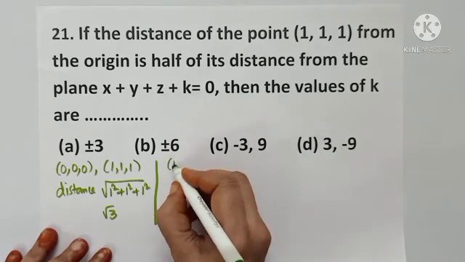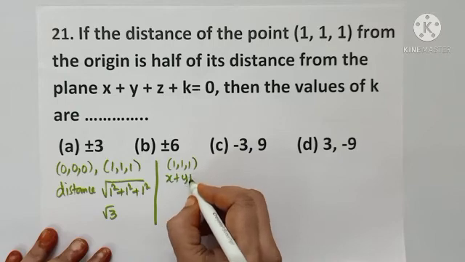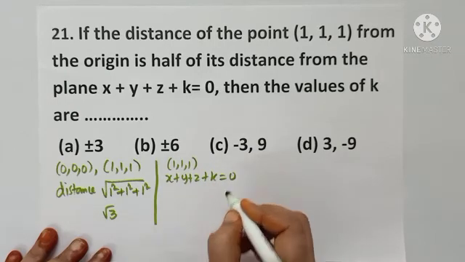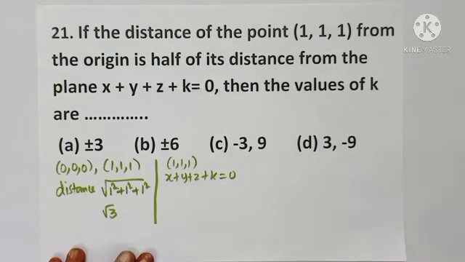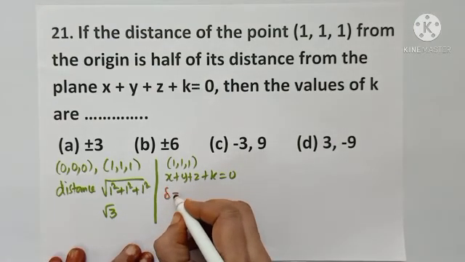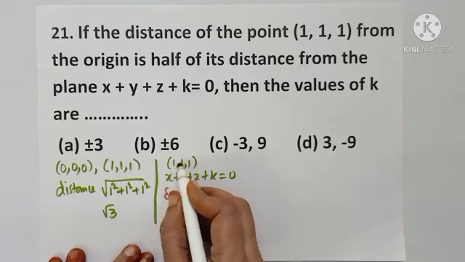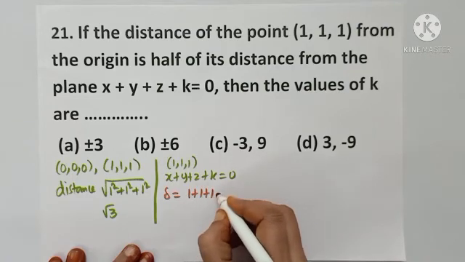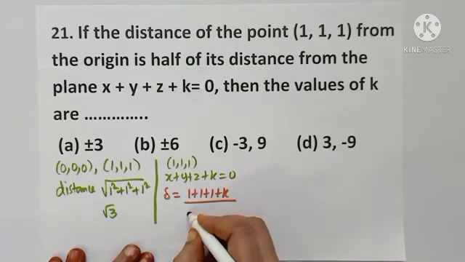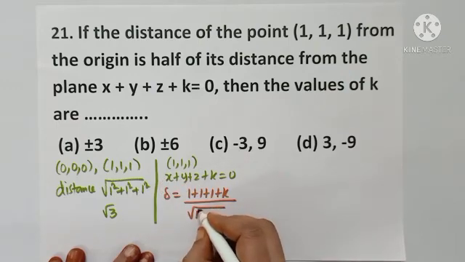So the point is 1, 1, 1. The plane is x plus y plus z plus k equals 0. How are we to find the distance? The distance equals, wherever x, y, z comes, substitute 1, 1, 1. So I get 1 plus 1 plus 1 plus k divided by root of 1 square, 1 square, 1 square.